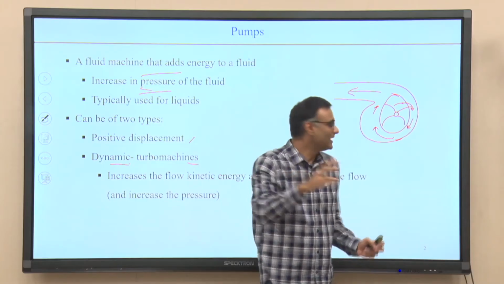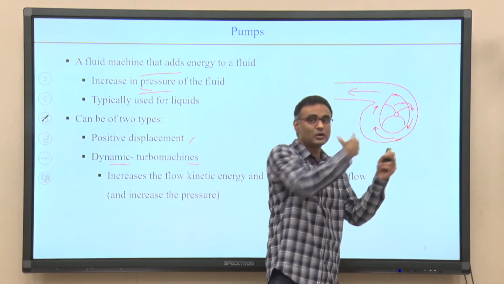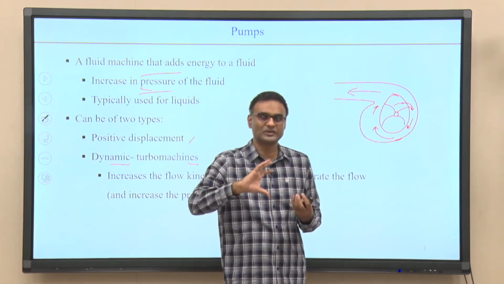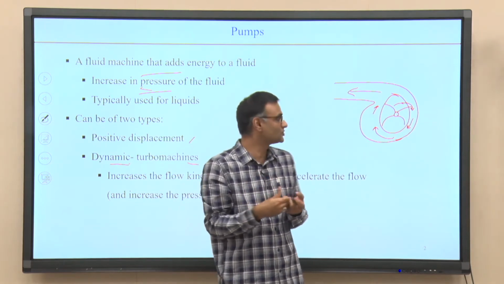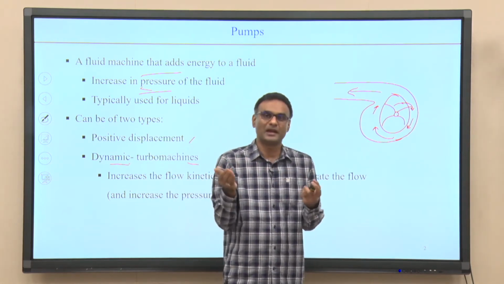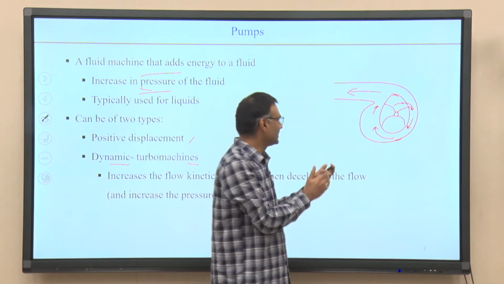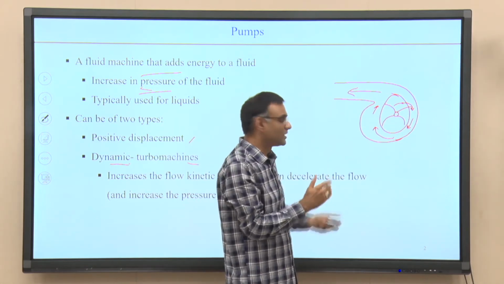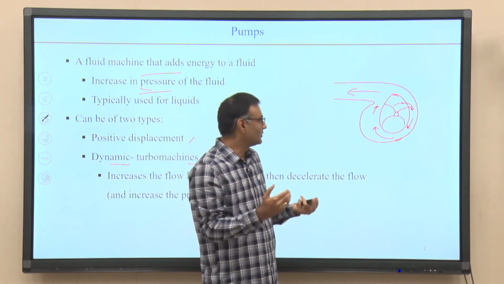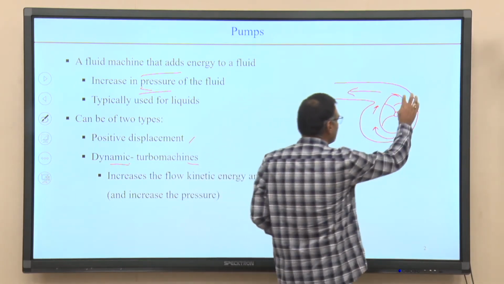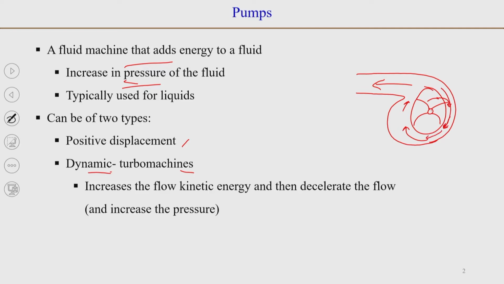When the fluid comes in contact with the impeller, and because the impeller is rotating with a certain angular speed, the impeller provides kinetic energy to the fluid. So, the velocity and the kinetic energy of the fluid are increased, and then in this passage, as you can see, the area is increasing.